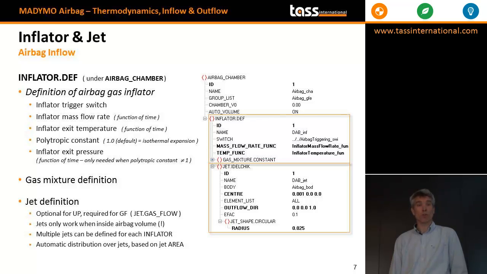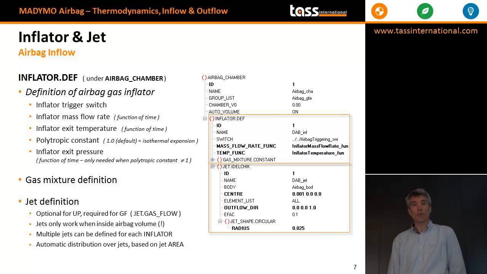There are a few others as well possible, but those are commonly not used. Typically, this information is provided by the inflator supplier. If there is no data available, use can be made of the MTA analysis tool, one of the tools provided by the MADYMO release package.